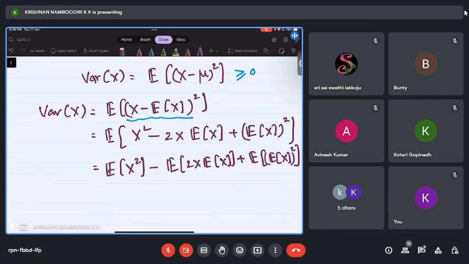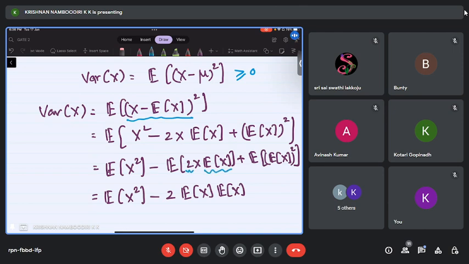Which is equal to expectation of X square minus 2 times expectation of X into expectation of X, because 2 and expectation of X are constant numbers.